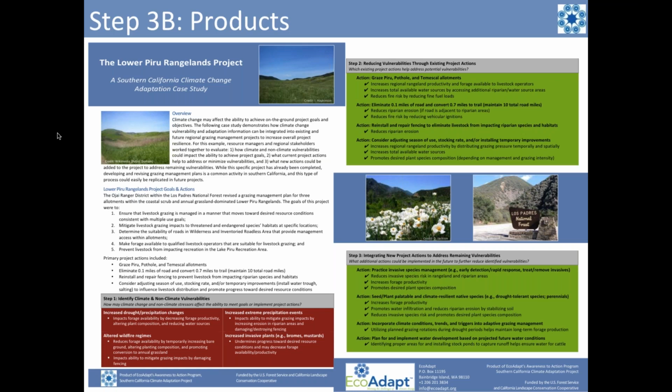There's one for grazing, one for the fuel breaks project, another for an aquatic organism passage removal project, and then one for a sage scrub restoration project. And so we're hoping that these kinds of products are a quick, easy way for you to see how this kind of vulnerability and adaptation information can be integrated into the kinds of things that you do very regularly.